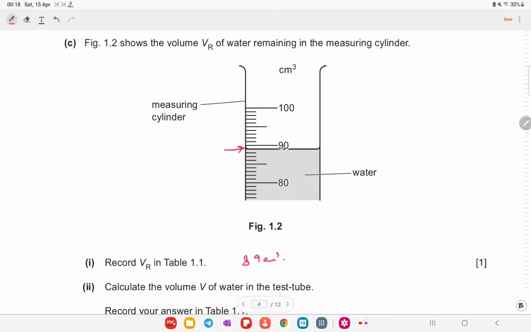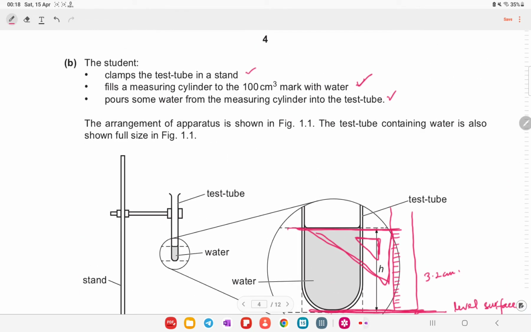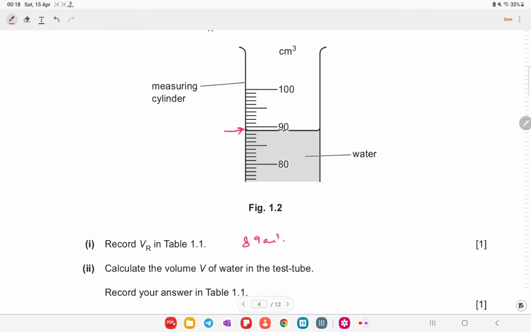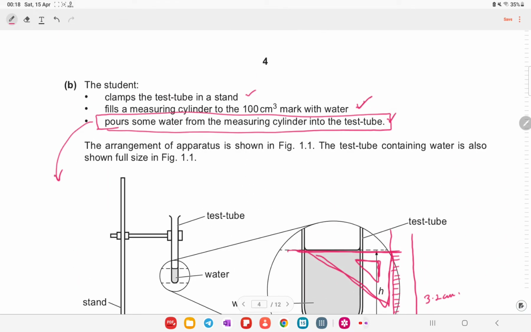Calculate the volume of water in the test tube. Now you see this thing which I was telling you: he pours some of the water from the measuring cylinder into the test tube. So this point refers to that question, how much water he has poured into the test tube. Again, refer to what he has used.